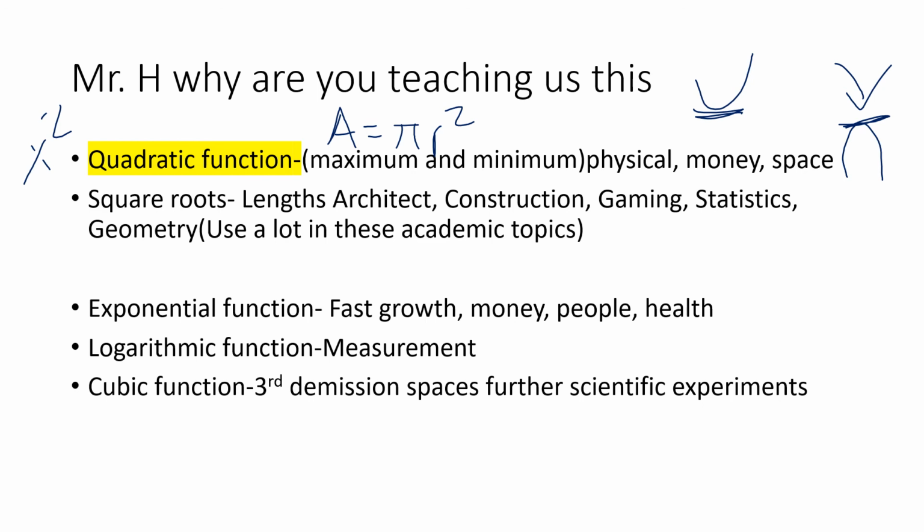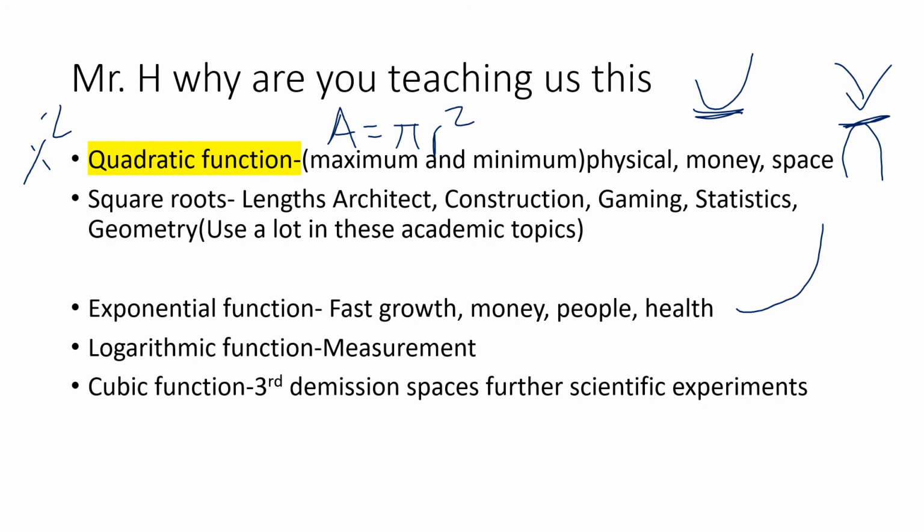Exponential functions. When you hear people say that the population grows exponentially, they're talking about fast growth, like it grows real fast. Logarithmic functions deal with the measurement of something over a period of time. So basically science, populations, natural disasters, all that.